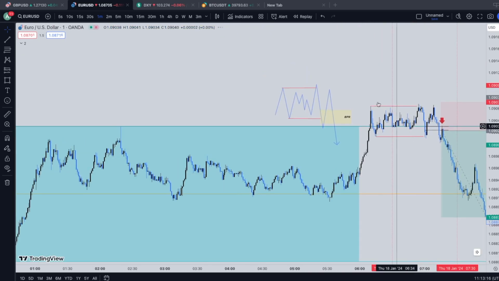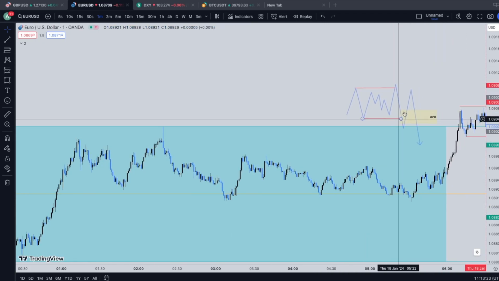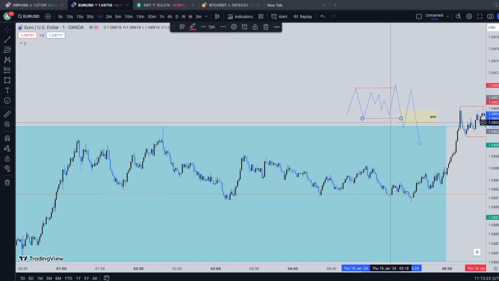What we can see on M1 is price is in a range. Before I go into this, let me explain it so you understand one of the entry models that I use with my community. We have a range, price has hunted the buy side of that range, came back down, hunted sell side. However, there's no structure called liquidity here that sponsors this POI.